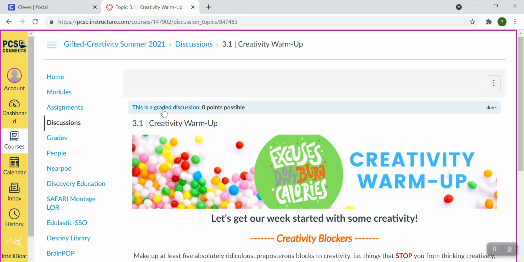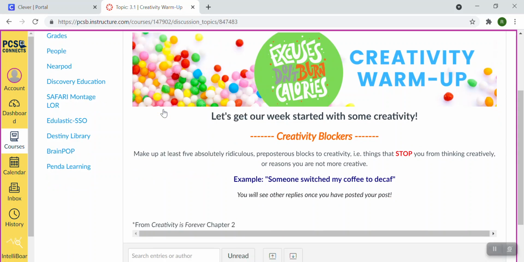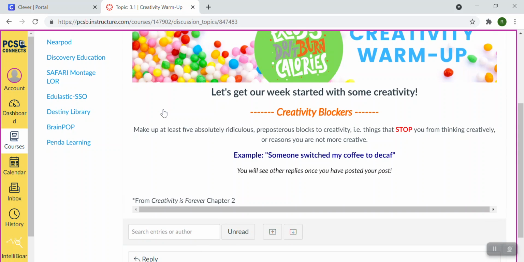All right, so excuses. Don't burn calories. So we are working on the creativity skill, creative blockers. And this is kind of a fun one, and should be pretty short, but you're going to make up at least 5 absolutely ridiculous, preposterous blocks to creativity.